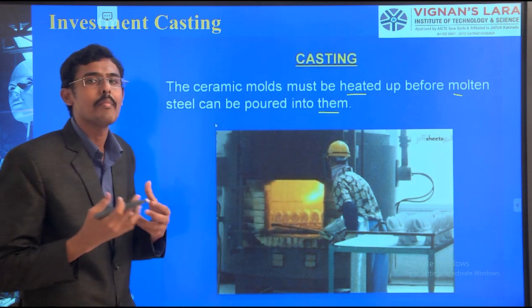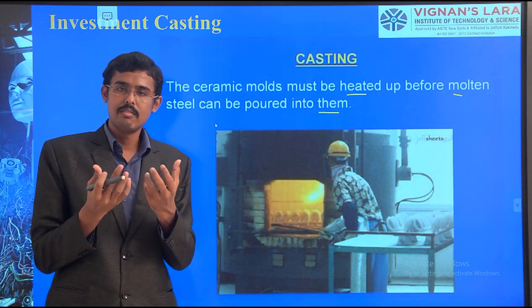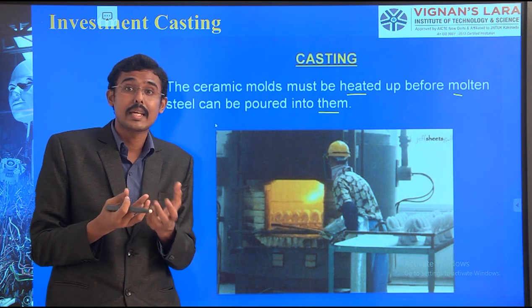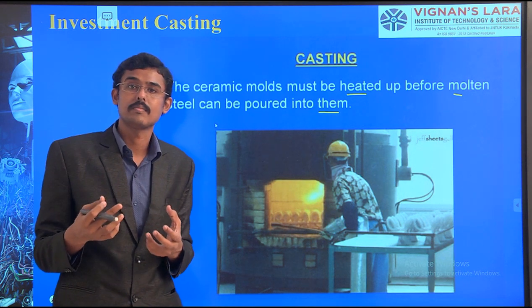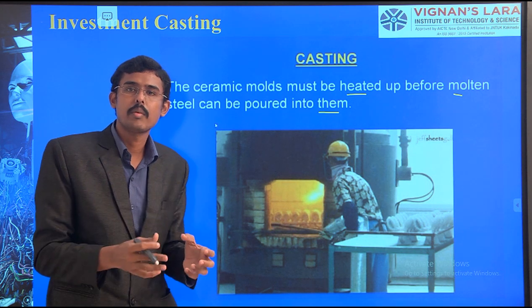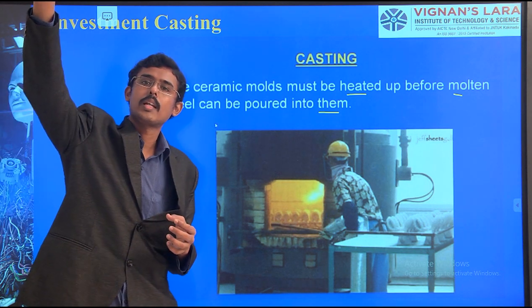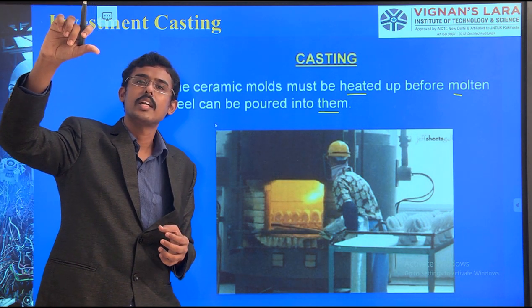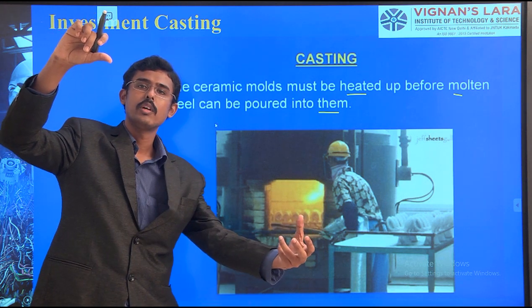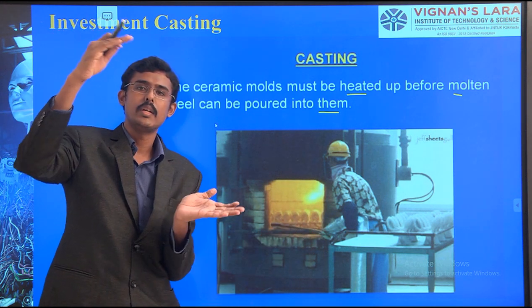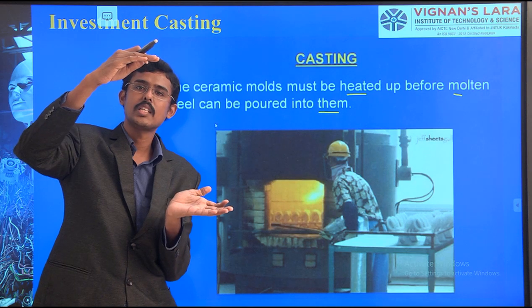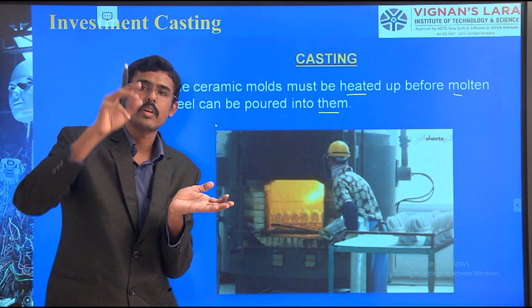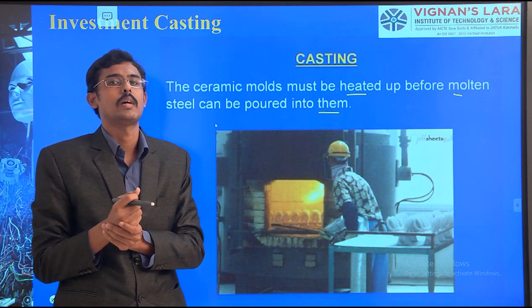We are keeping the ceramic shell warmer because of the temperature gradient. Immediately it will solidify. The ceramic shell is at room temperature, and we are pouring the molten material at 1700 degrees centigrade. Therefore, the temperature gradient will be there between these two. If there is a temperature gradient, what happens?